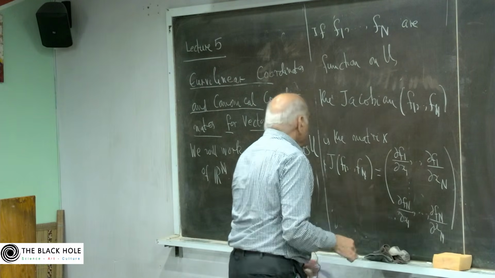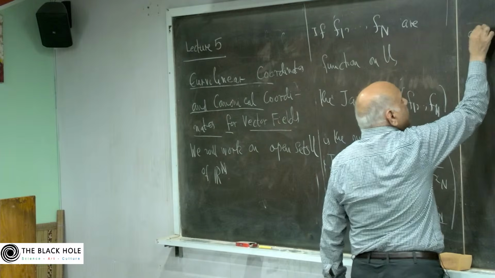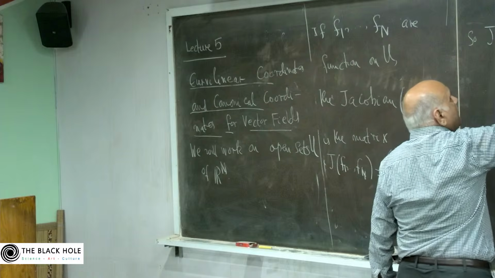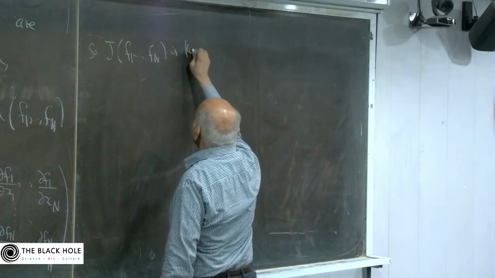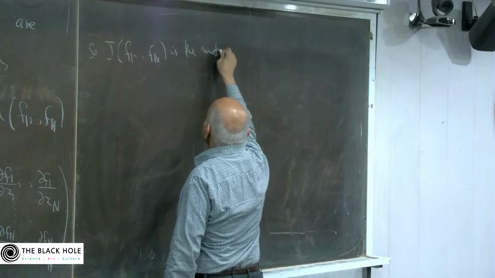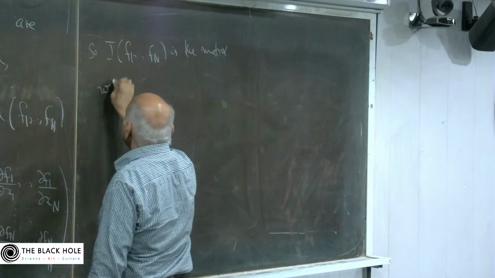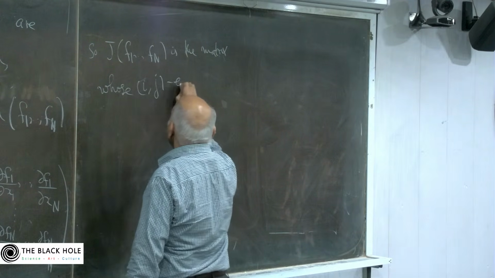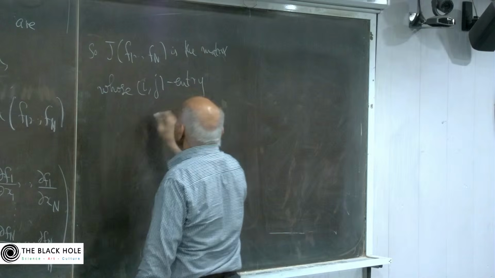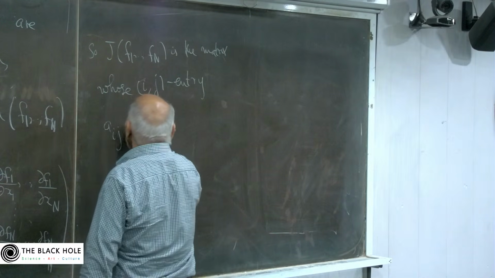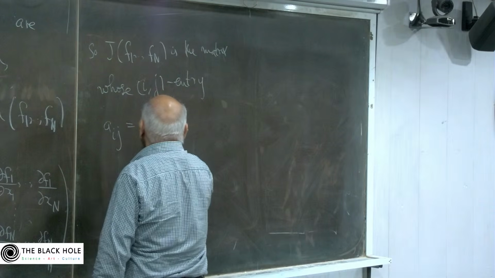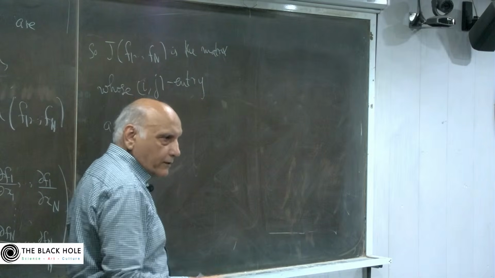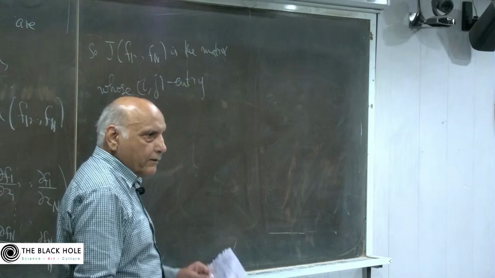So J of f1 up to fn is the matrix whose ijth entry Aij is partial fi by partial xj, with i and j running from 1 up to n.